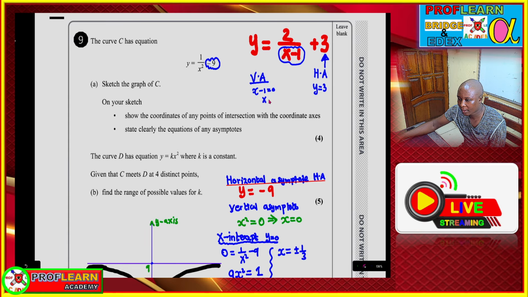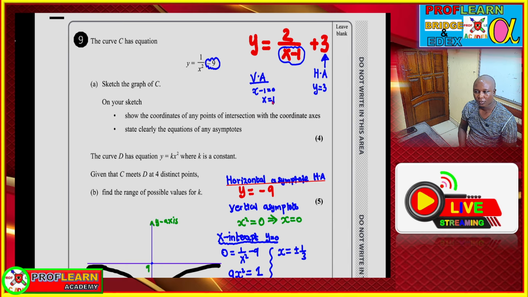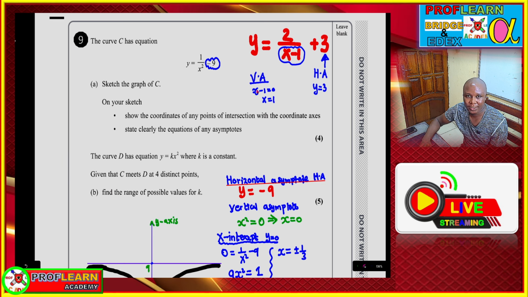So x equals 1 is a vertical asymptote. Once you have gotten the two asymptotes, the next business you have is to find the intercepts, x-intercept and y-intercept. What you need to remember, at the x-intercept y is 0, at the y-intercept x is 0.